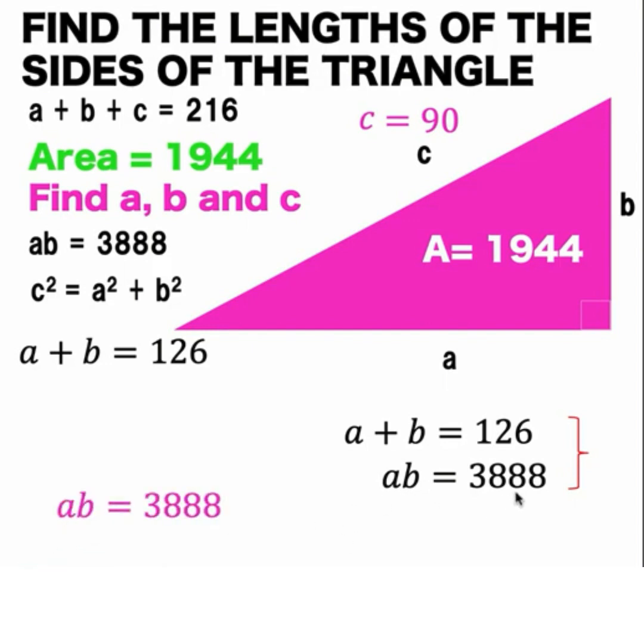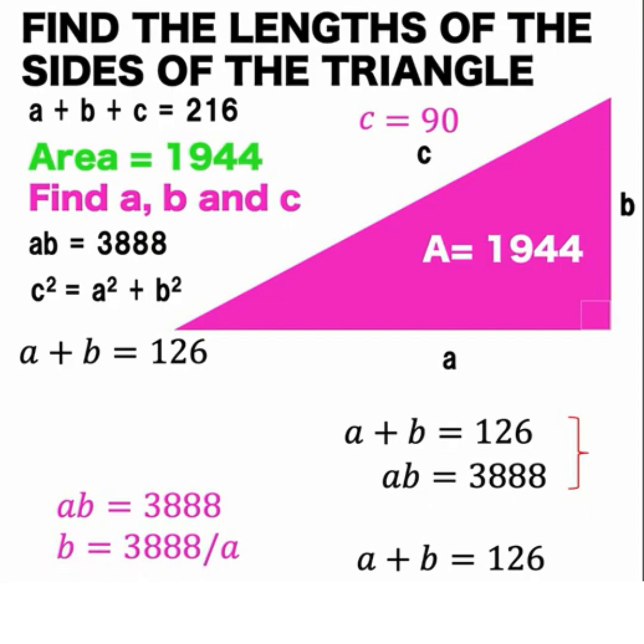By substitution, let's solve first for A. Since AB equals 3,888, then that implies that B is equal to 3,888 over A. And substitute this value for B in our equation 1 to arrive at this equation. We copy the A, we replace B by this value, and we copy 126.